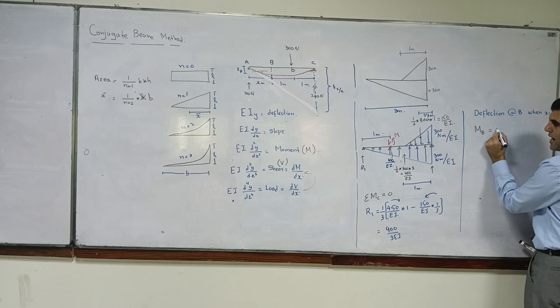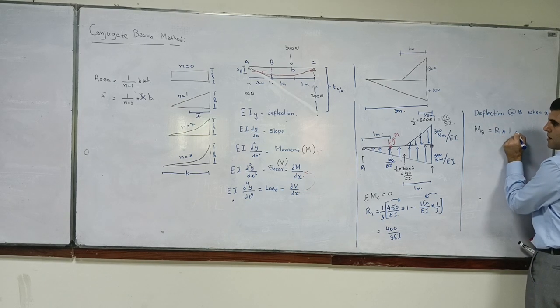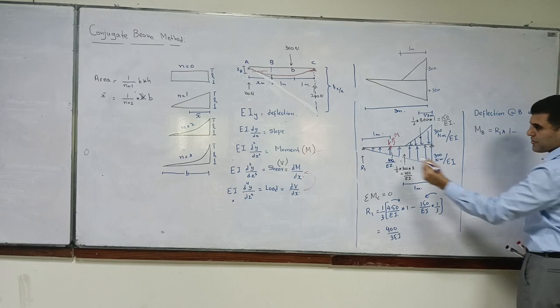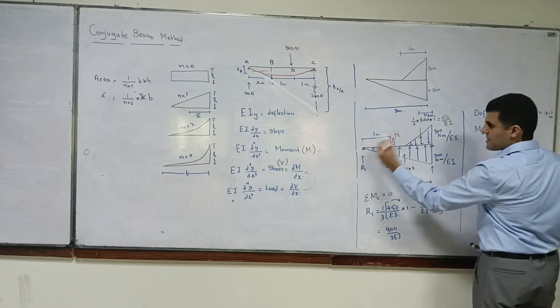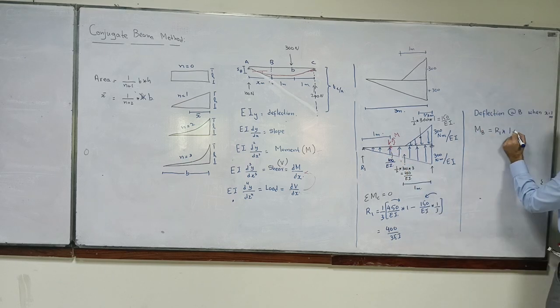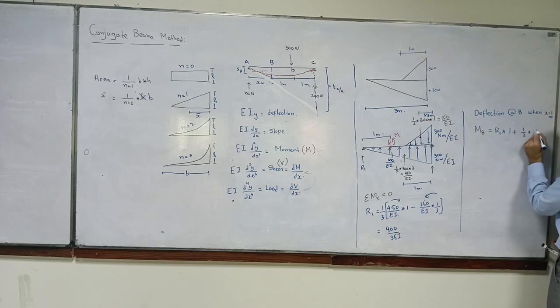Moment at B is equal to R1 times 1 minus, this is plus, half into 100 by EI into 1 by 3, isn't it?